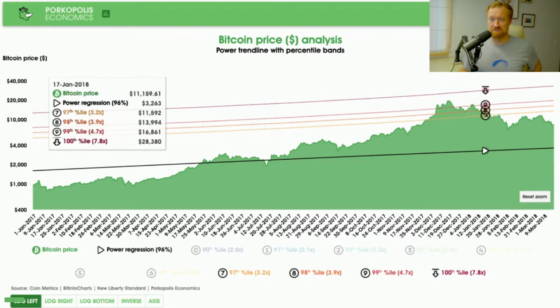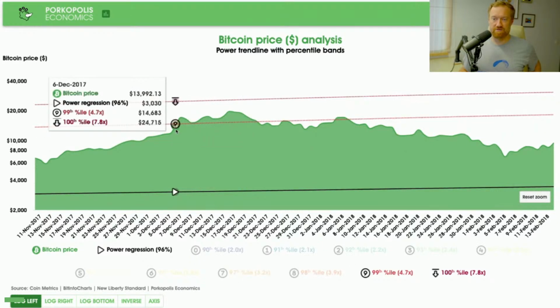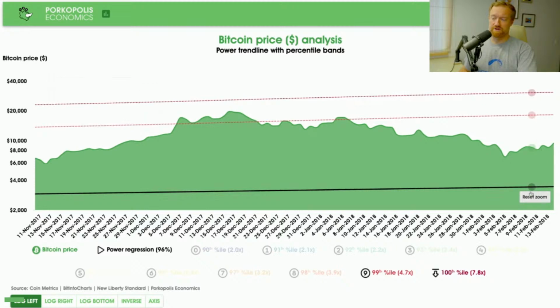So January 17th, month and a half, almost 2 months. And it's about the same when we go all the way up to the top, but obviously a little bit less. To get above the 99th, which is 4.7x the trend, December 6th, sort of back down, back up, but back down again. January 7th, a month. All right, so 1 month.